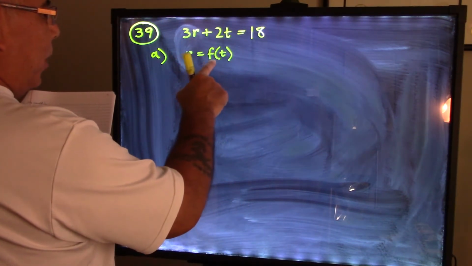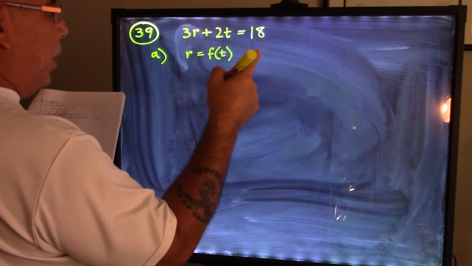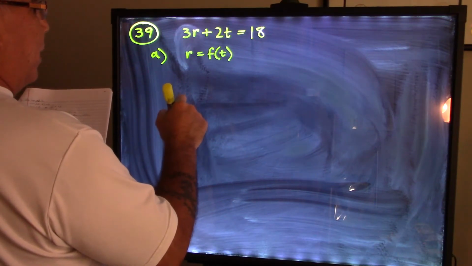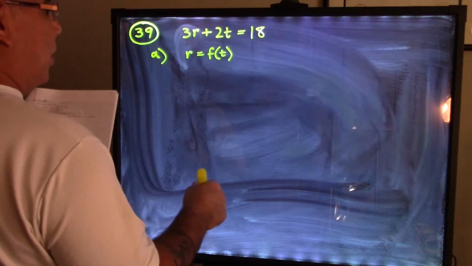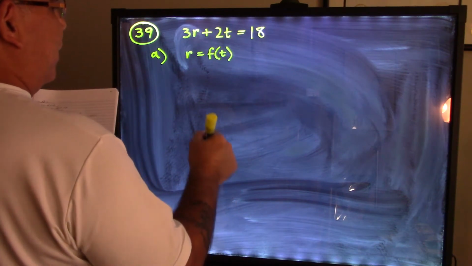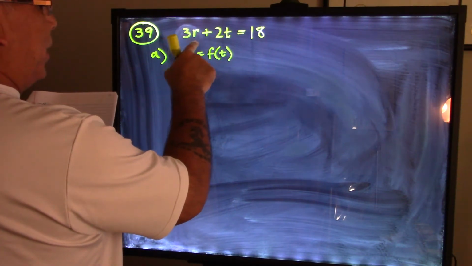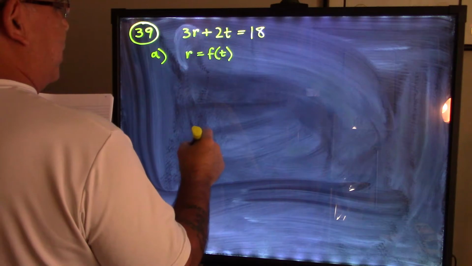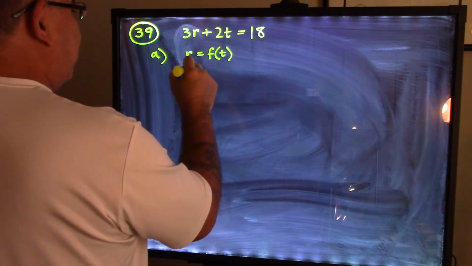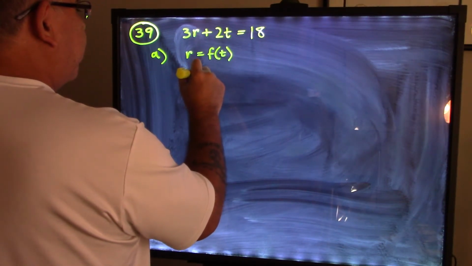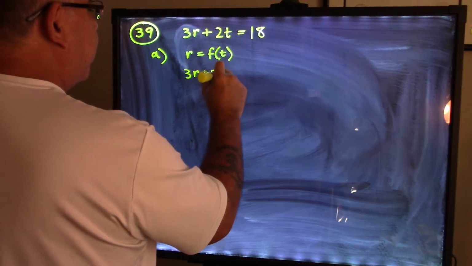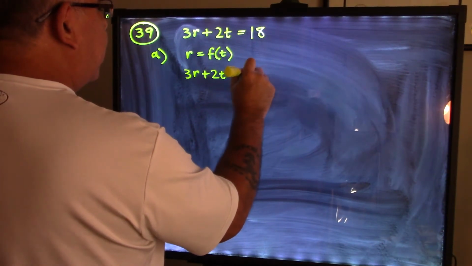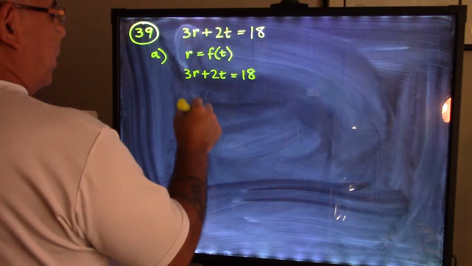So then you have a function of t, a function involving t. And you'll have r equal to this function involving t. That's what you're doing when you isolate the r here. So you take this 3r plus 2t equals 18, and we want to again solve this for r.